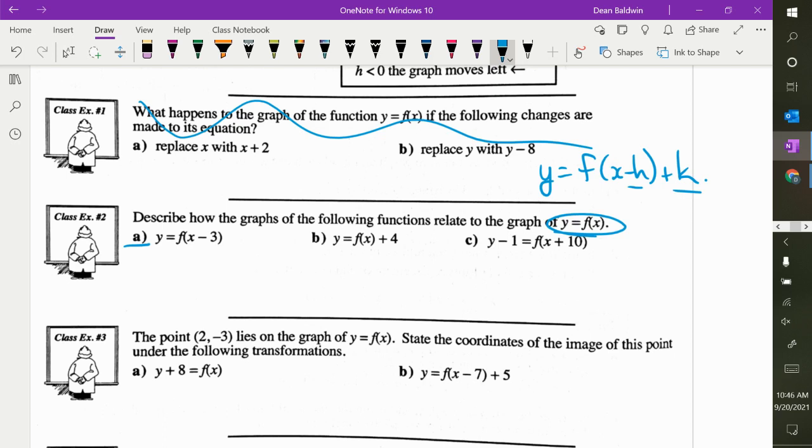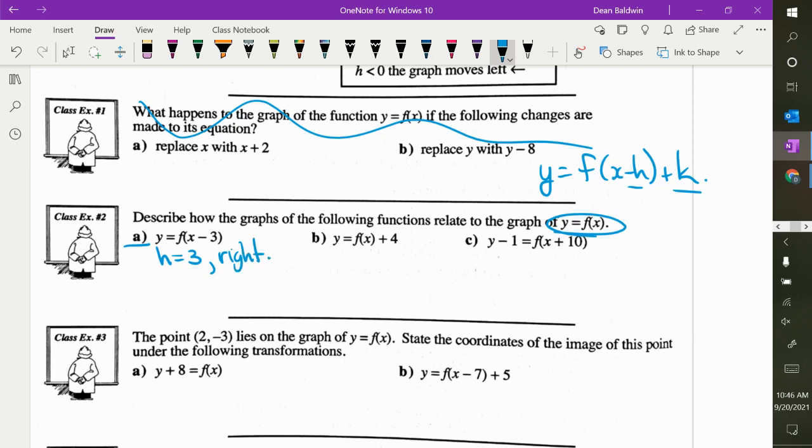So is this 3 an h or a k? It's an h, right? Because it's in with the x value. What is the h value? Positive 3. If it's an h value, we go to the right, because it's positive.